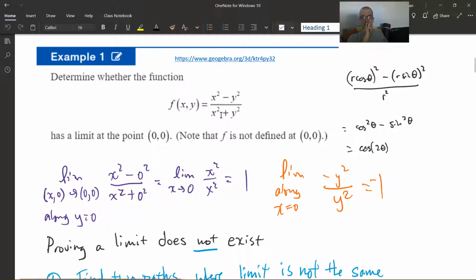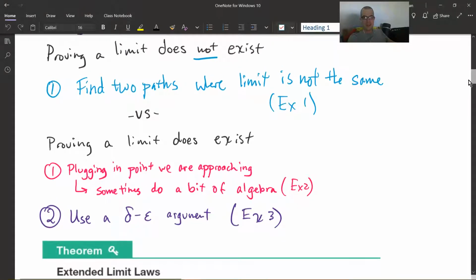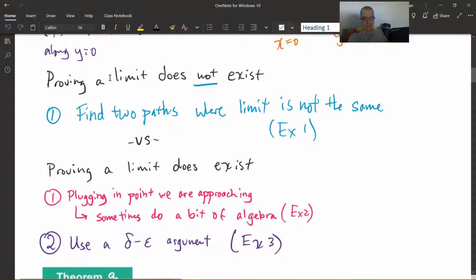When we are looking to determine whether a function has a limit, there's basically going to be two things that we would like to prove. Either we want to prove that a limit doesn't exist, and this is actually one of the easier things to do if we can do it generally.